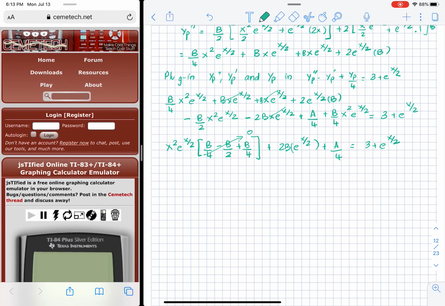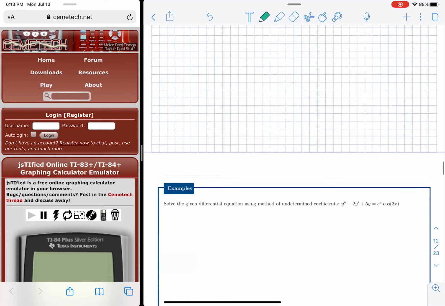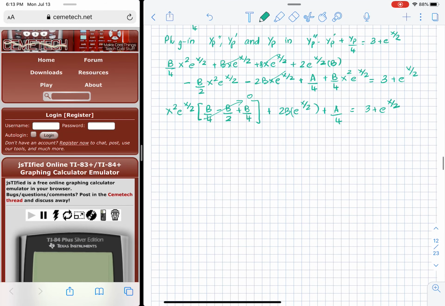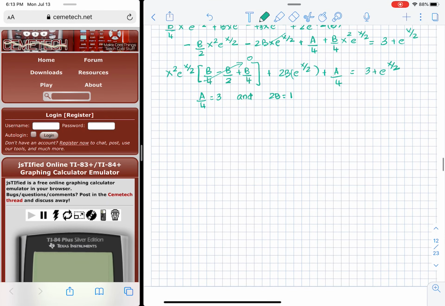By direct comparison, the constant terms, a over 4 would equal 3, and the coefficient of the e raised x over 2 term is 1, so 2b is equal to 1, which would imply a is 12 and b is 1 over 2.